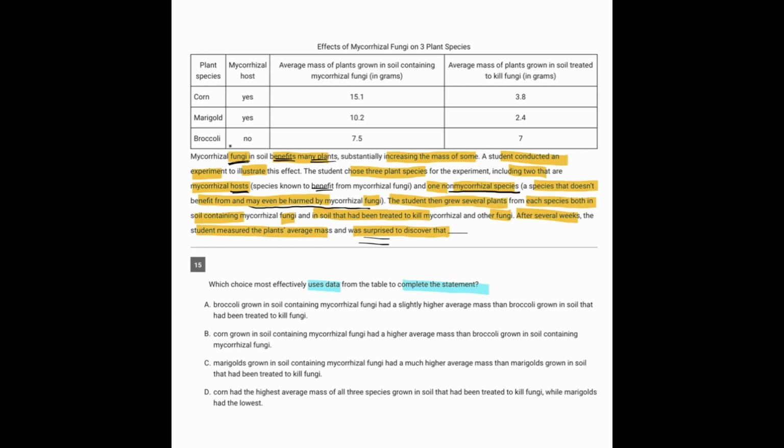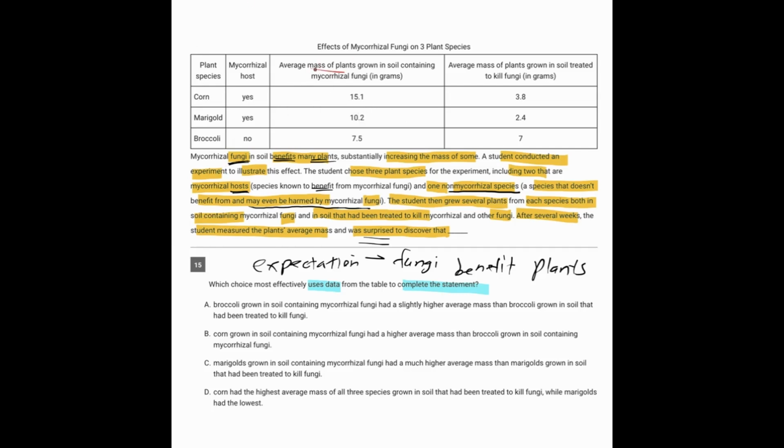So what the student was maybe expecting, the expectation was the idea that the fungi are going to benefit the plants. So the plants are going to grow more when they have the fungi on them. And let's see what surprising results came from the data.